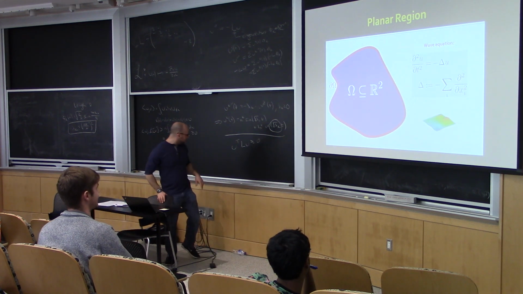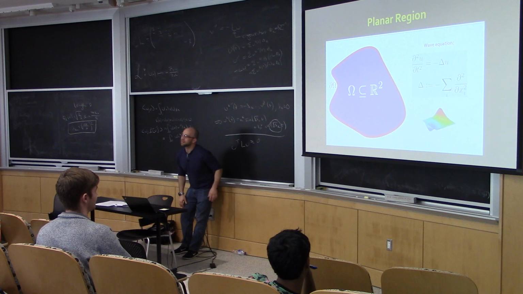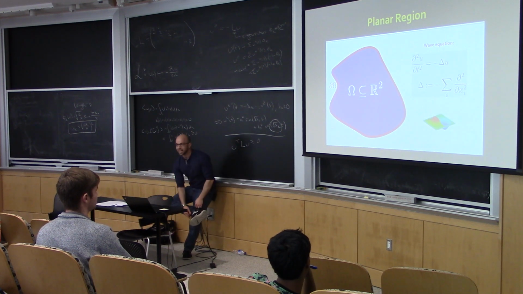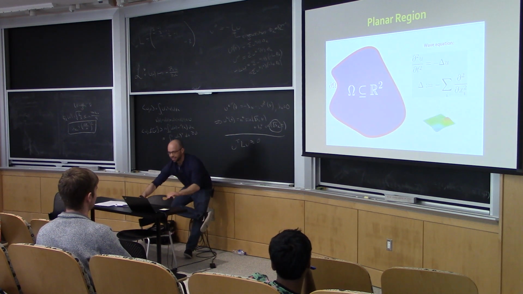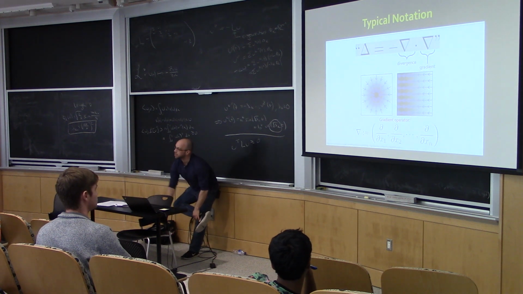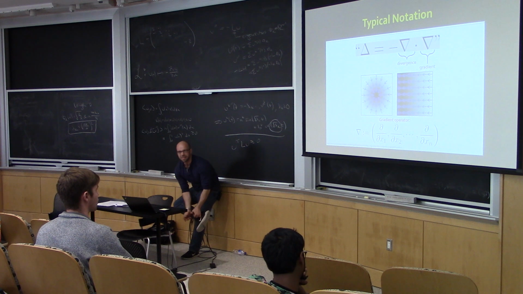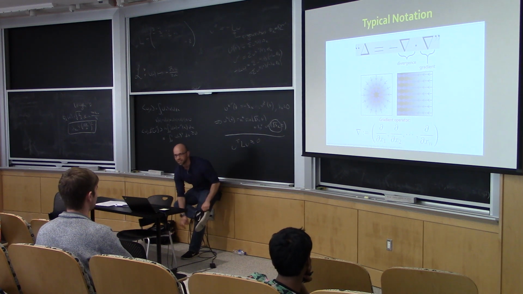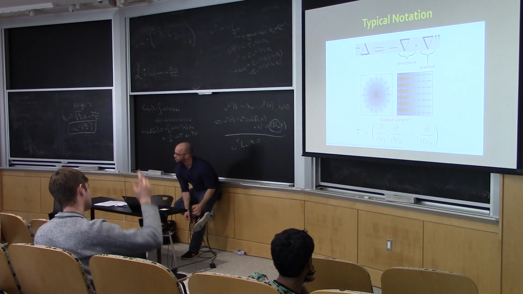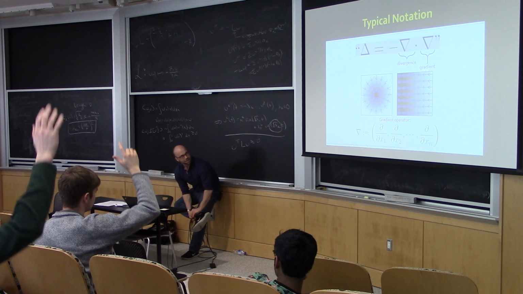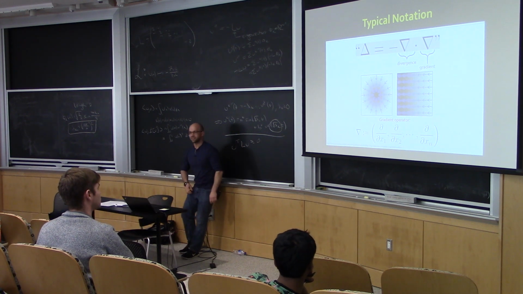There are many different ways to notate and describe this operator. A very typical piece of notation, which in Rn makes a lot of sense, but which we're going to see leads to somewhat misleading math in the curved case, is to think of the Laplacian as div of grad. How many of you have seen this notation before? Notice that the dot there really is some kind of dot product.